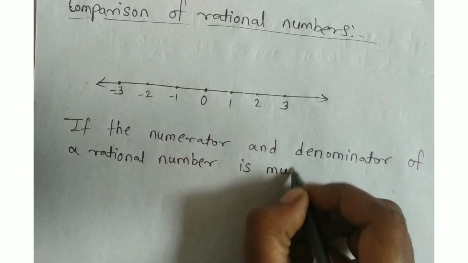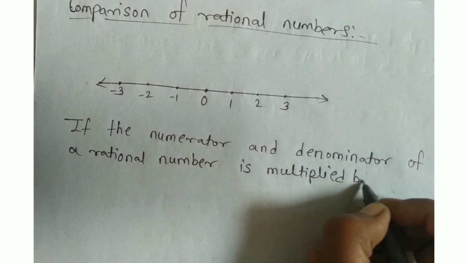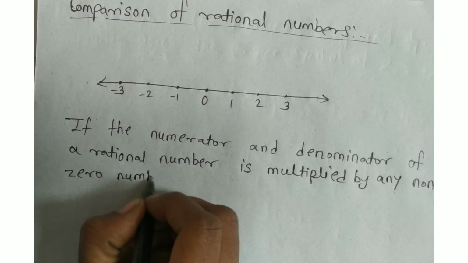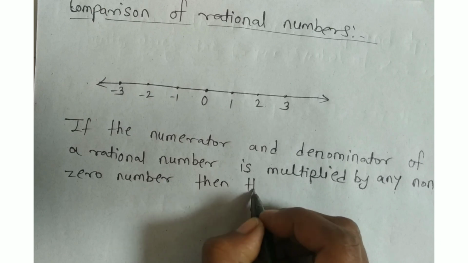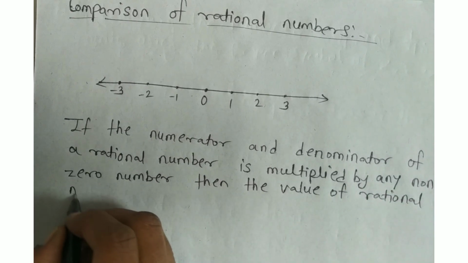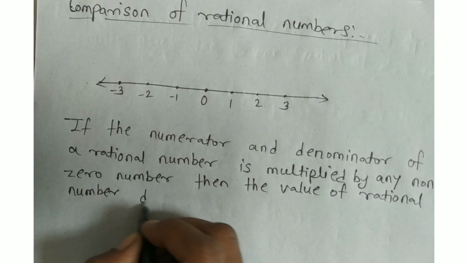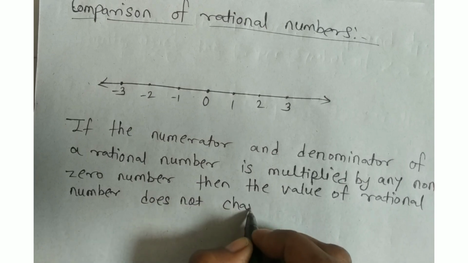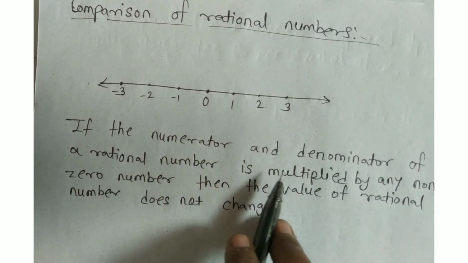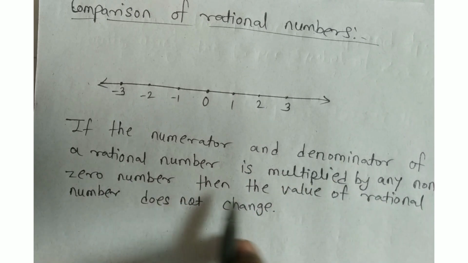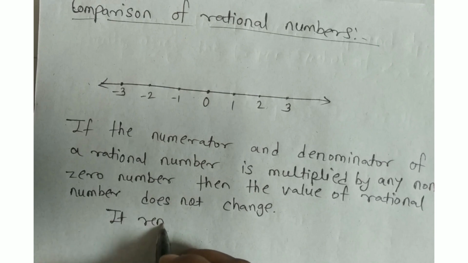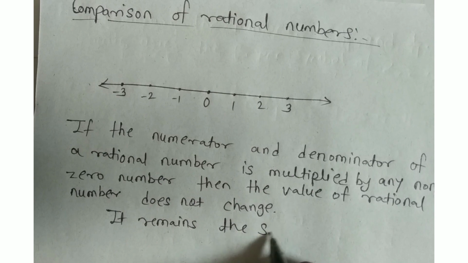If the numerator and the denominator of a rational number is multiplied by any non-zero number, then the value of the rational number does not change. It remains the same.